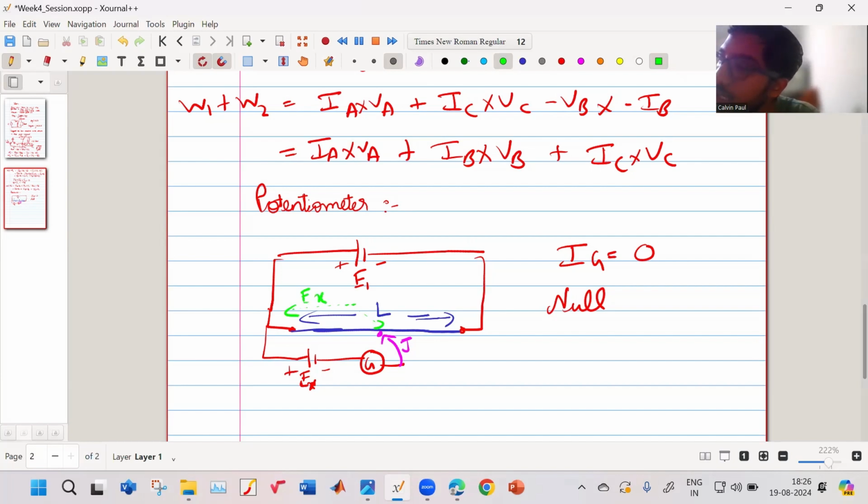Only when this voltage is Ex will there be no current flowing through the galvanometer. Then we measure this length, small l, and so we can find Ex is equal to l upon capital L into E1.